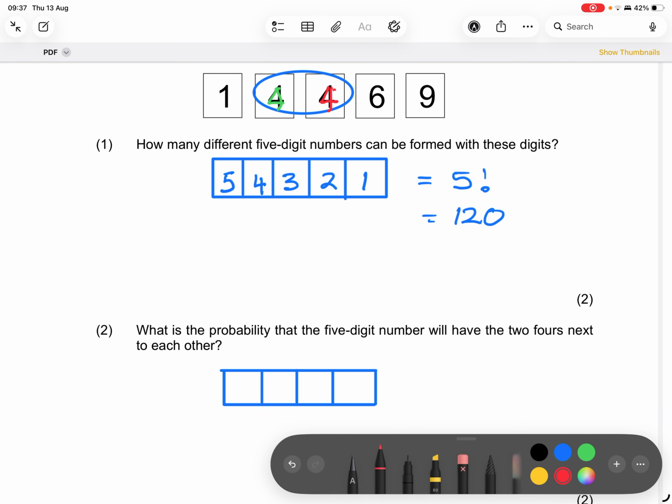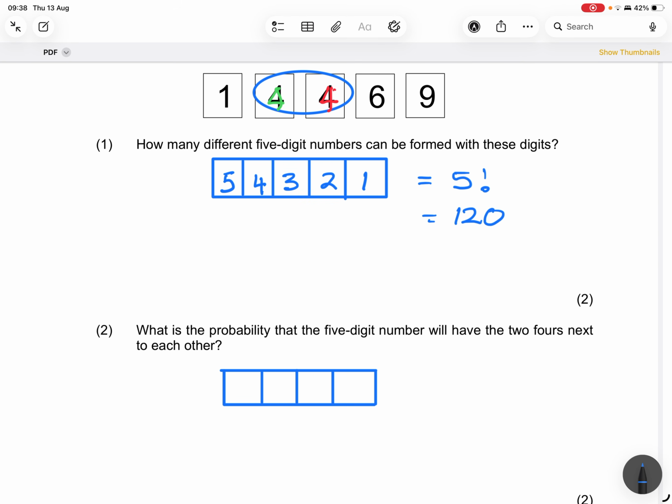So how many choices do I have for the first one? Well, I've got 4 because I can either take the 1 or the group of 4s or the 6 or the 9. So in that case, I've got 4 to choose from. And then once I've chosen, I've got 3 to choose from, I've got 2 to choose from, and I've got 1. But remember that we can still swap around the 4s.